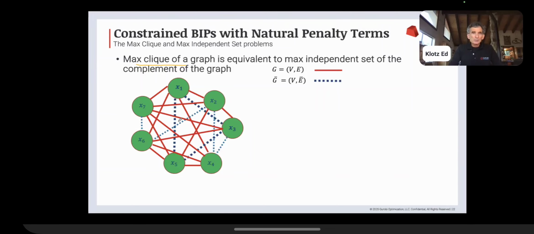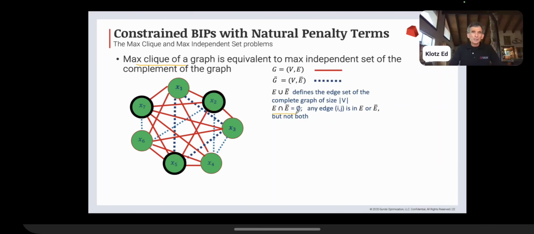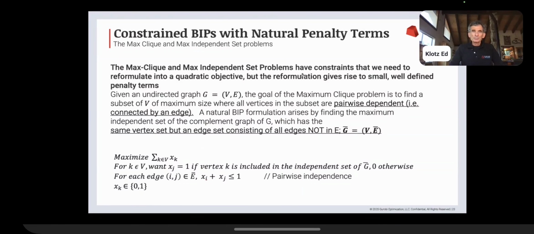And then we have these blue dashed edges, which are the edges of the complement of the graph. And if you make use of the fact that their union defines all the edges, but they have no common intersection, it's not hard to see that the max clique is equivalent to the max independent set of the complement.